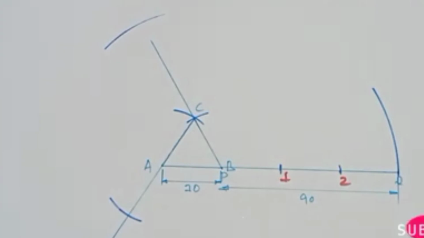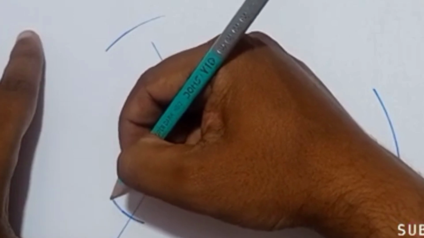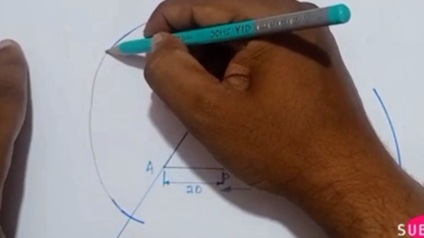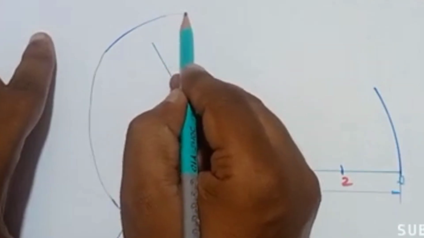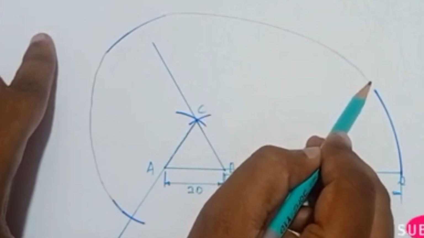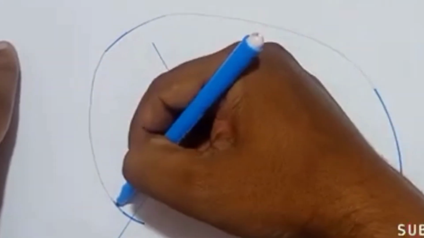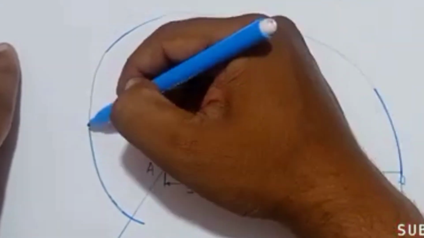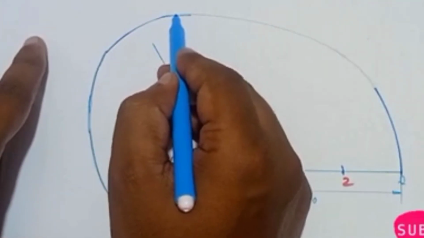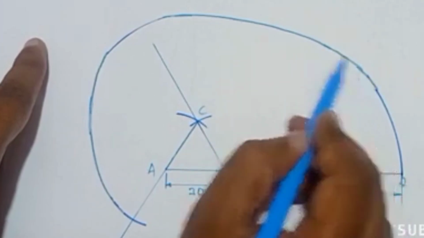So with the help of the pencil, first I am going to join the smooth curve here. So this completes the problem.